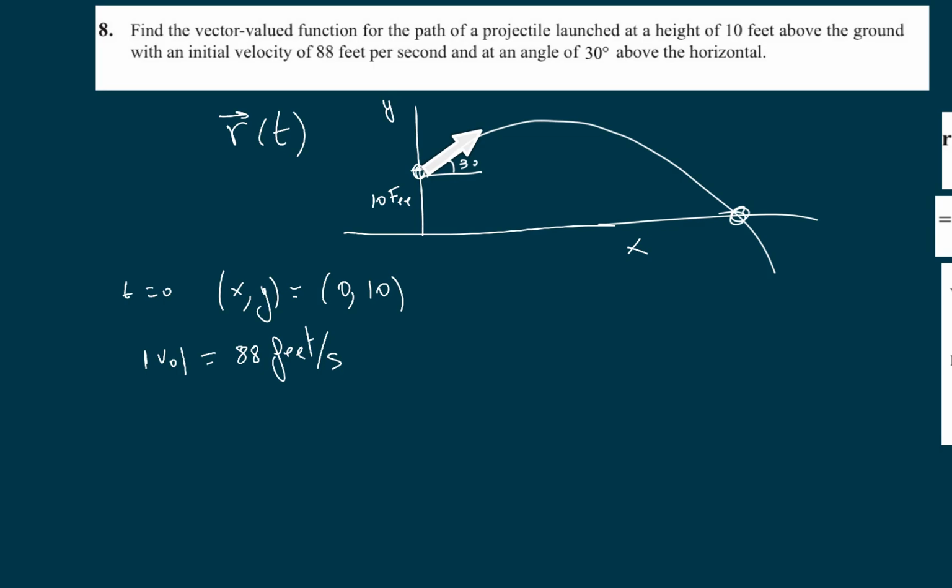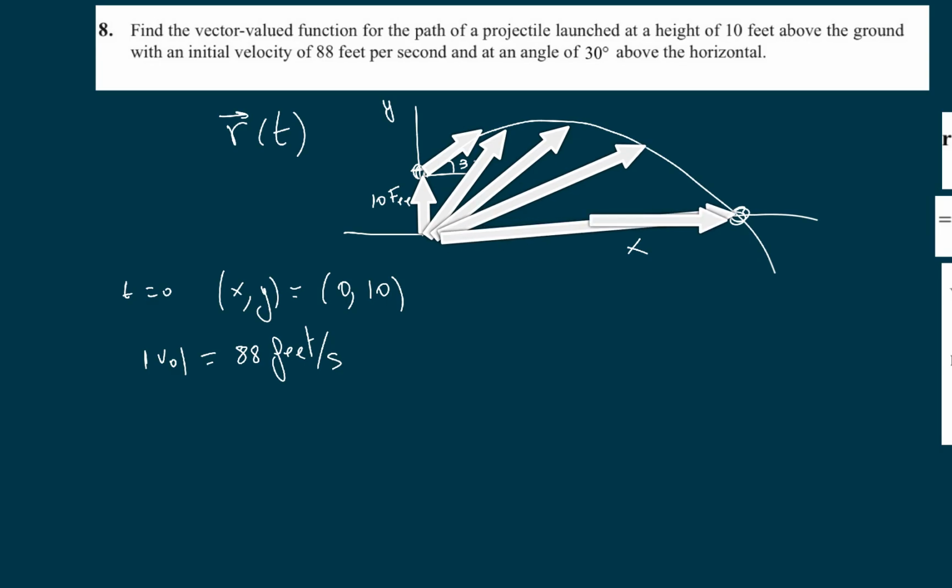And it says find r of t. Find what the position vector is. It starts like this, later on will go like this, and later on like this. When it touches the floor, the position vector will go like this.